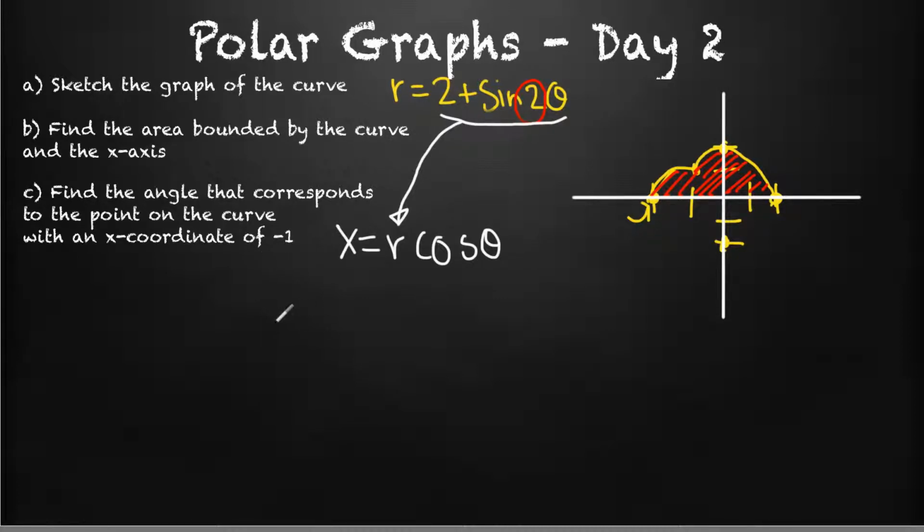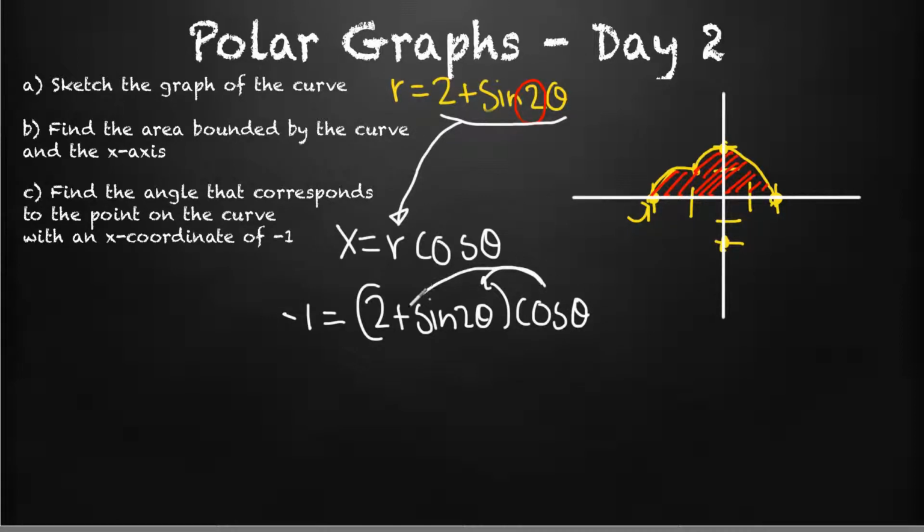So that means our x is going to be -1. Our r is going to be simply the r they gave us in the problem, which is 2 plus sine of 2 theta, and then times cosine of theta. And I'm going to go ahead and distribute this in. So we have -1 equals 2 cosine of theta plus cosine of theta times sine of 2 theta.